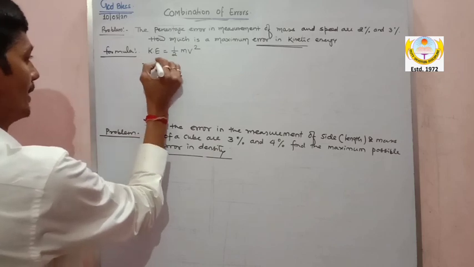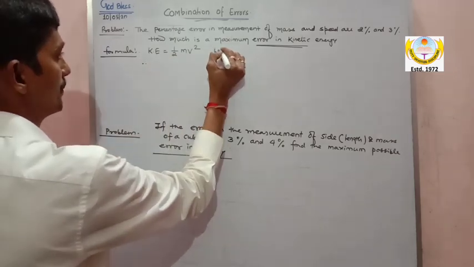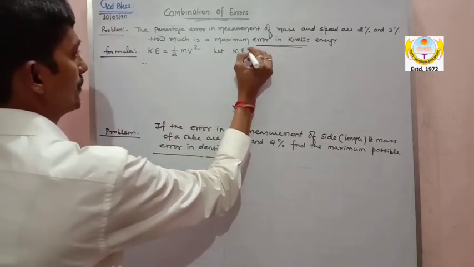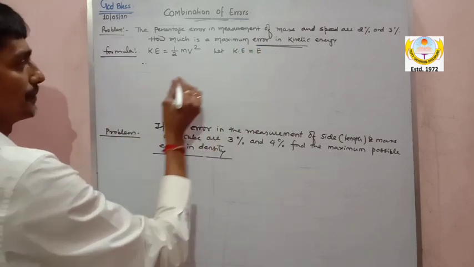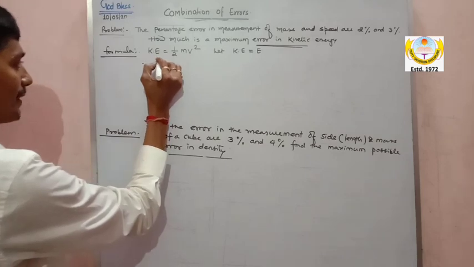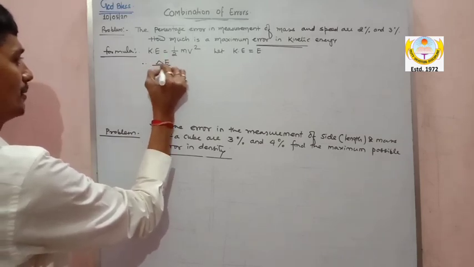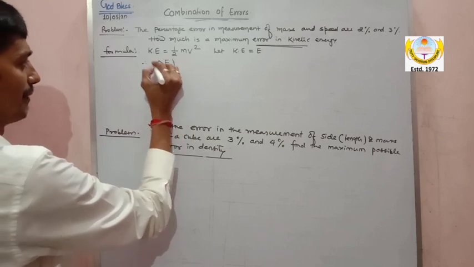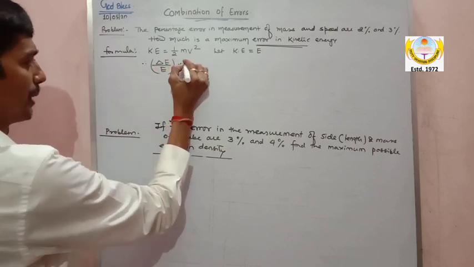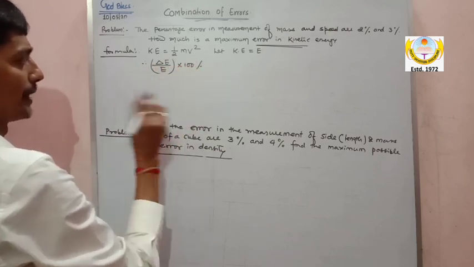So now, my dear, let's start with the formula. Let kinetic energy be E. So this is, my dear, delta E upon E, that is the error in kinetic energy. This is relative error, if you remember, into 100%. Now it becomes percentage error.